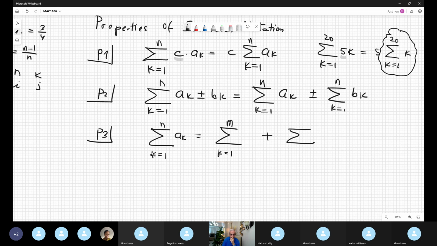hypothetic number m. Who is m? You have 1, you have m, and m is in between, in the middle of this. So you have two summations, summation 1 from 1 to n, and summation 2 from n to m. So a sub k is the same, but here k no go to the m, go to the m plus 1, because it's the next guy.